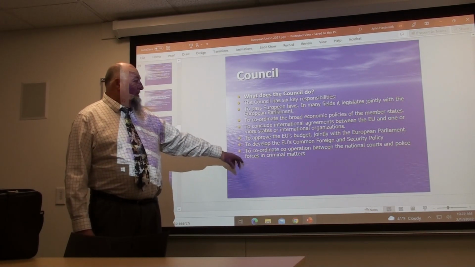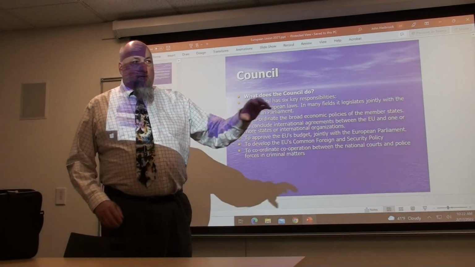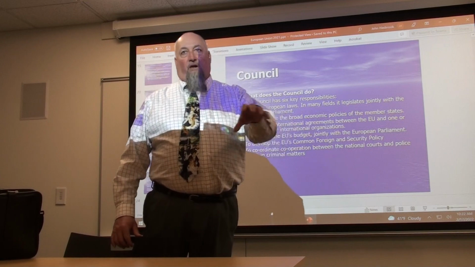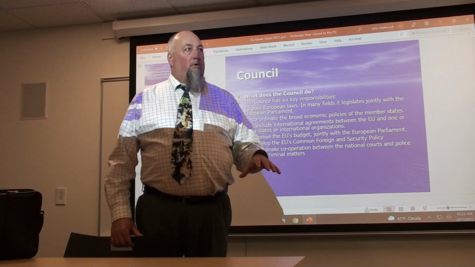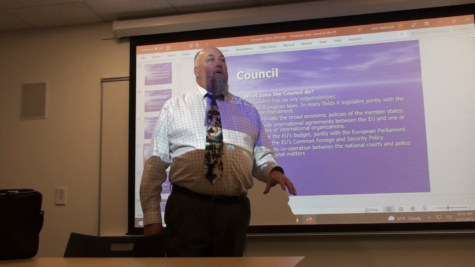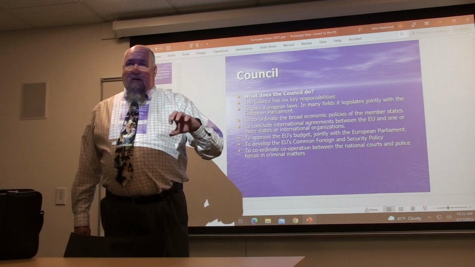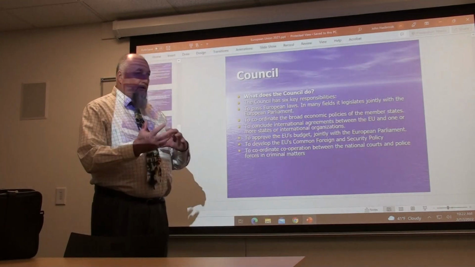and to coordinate cooperation between the national courts and police forces, so that, of course, the individual member states, Germany, France, etc., they still have their own court systems, and they're still responsible within their own court systems for enforcement of criminal law. And that's, however, in coordination with European Union oversight.